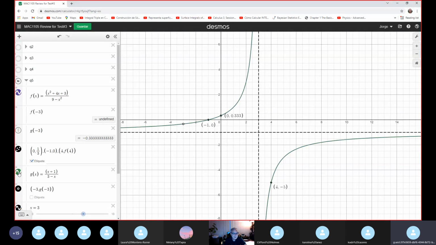It's a perfect coincidence, except in the famous point which is, okay, the hole was, let me check, the hole was at -3. So x plus 1 over 3 minus x, I write on my piece of paper, then I evaluate at -3: -3 plus 1, divided by 3 minus, it is plus 3, so it is -2 divided by 6, which is -1/3. So, the famous point, I didn't do that in decimals, but I want to do it now, so you see the process clear.